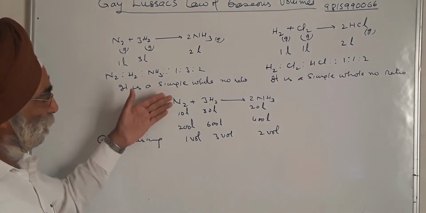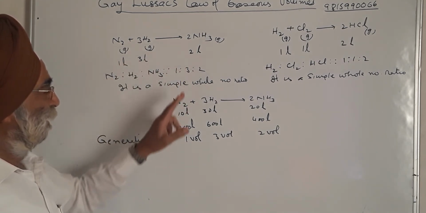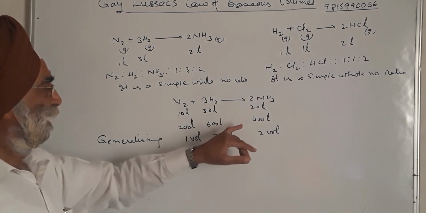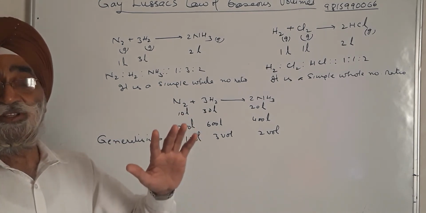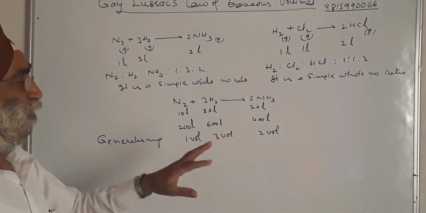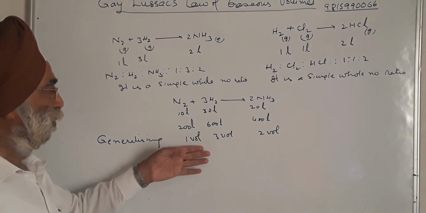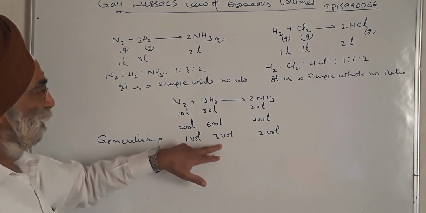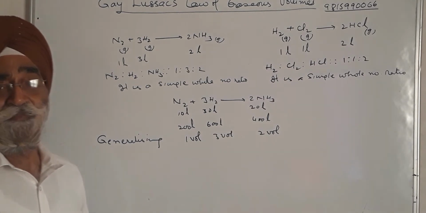But by making it 1 liter, 3 liters, 2 liters, then 10, 30 and 20, 200, 600, 400, and then coming to the conclusion that liter may be rejected as a unit of volume. If we have 1 volume of nitrogen, it will require 3 volumes of hydrogen and evolve 2 volumes of ammonia.